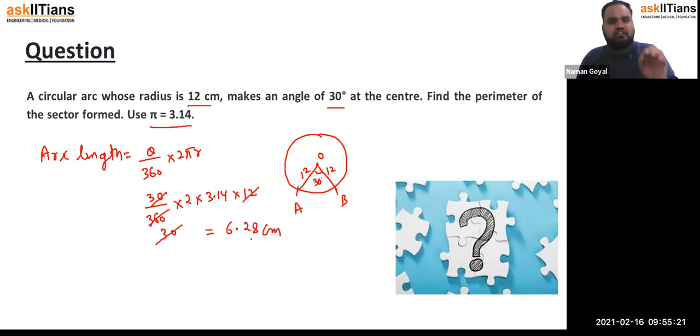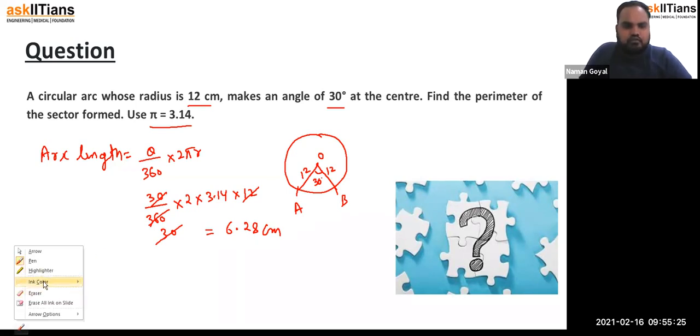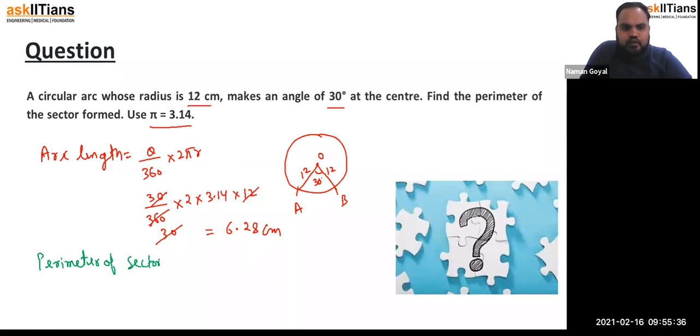Now the question is not asking for arc length. Question is asking for the perimeter of the sector. And as we know, the perimeter of a sector is 2 into radius plus arc length.